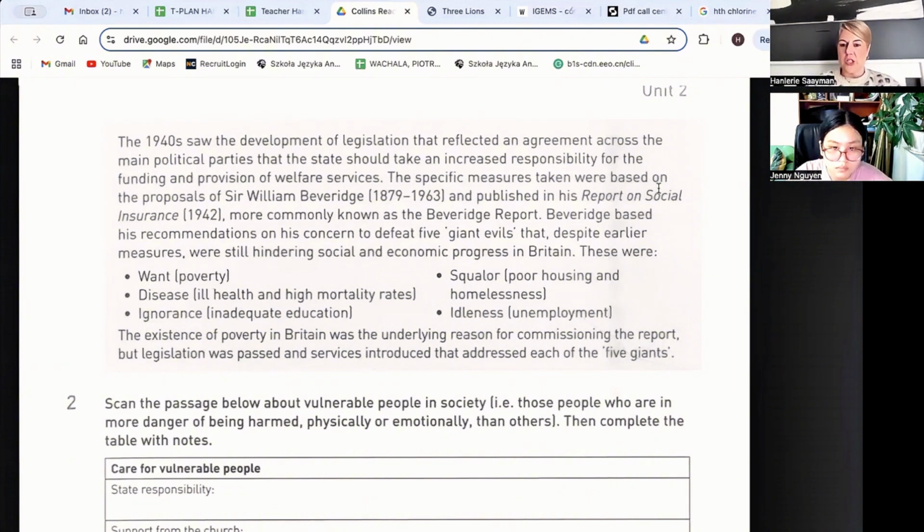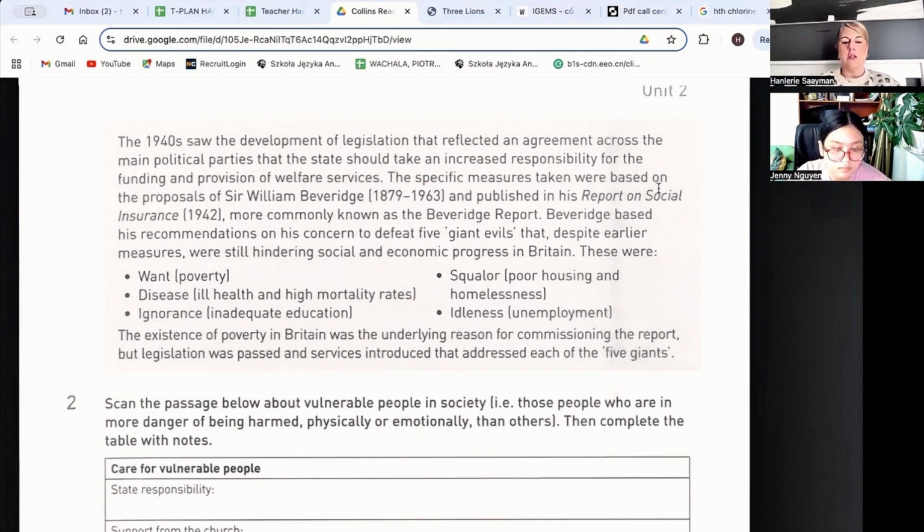The specific measures taken were based on the proposals of Sir William Beveridge, and published in his Report on Social Insurance, 1942, more commonly known as the Beveridge Report. Beveridge based his recommendations on his concern to defeat 5 giant evils that, despite earlier measures, were still hindering social and economic progress in Britain.